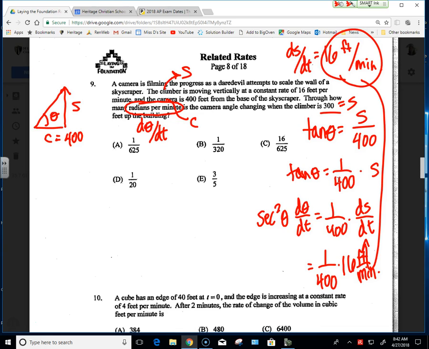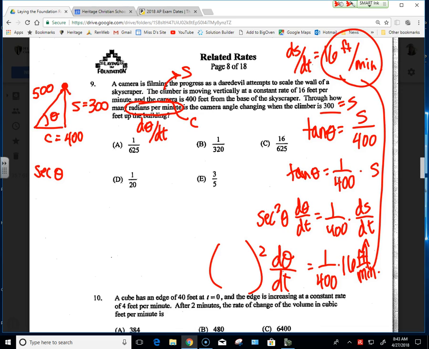Didn't they tell us that we're supposed to stop the climber at 300 and consider? Hey guys, what would my triangle be if I have 300 and 400? 500? Don't I just need to figure out who secant is and plug it in and square it? Do I actually need to do any sort of inverse trig?